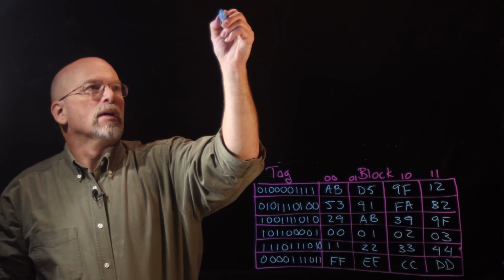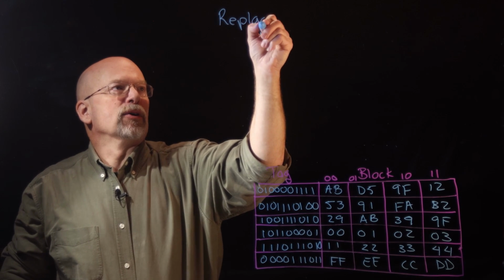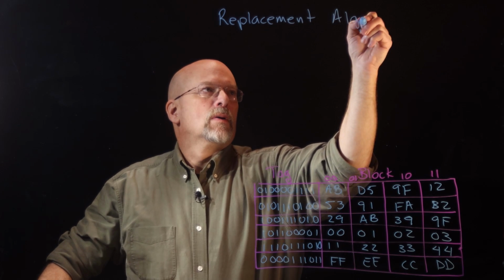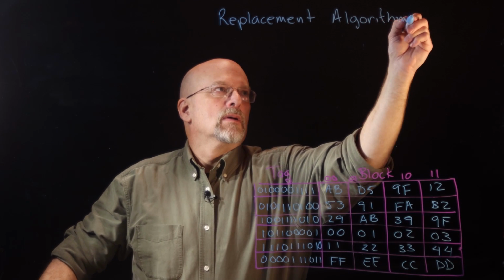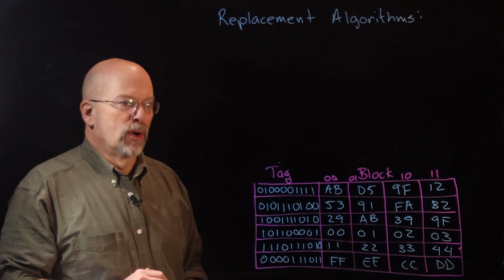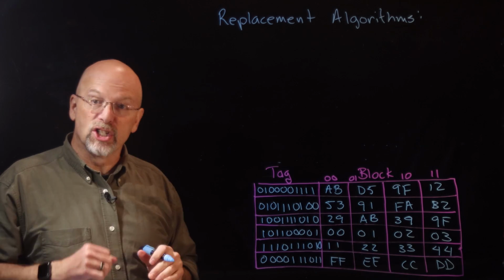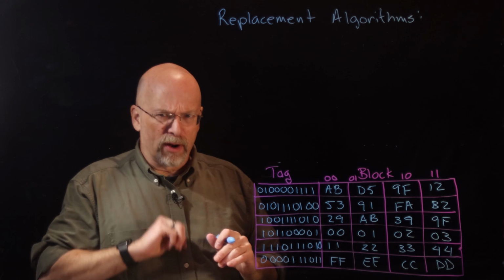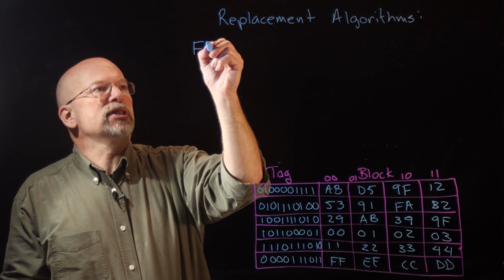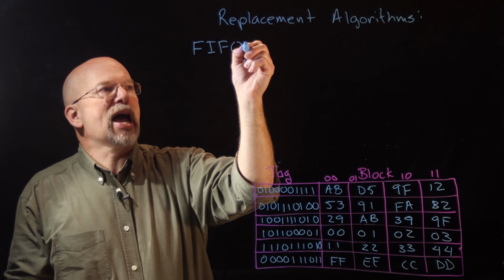All right, replacement algorithms. And once again, I think I'm going to be limited by the space I've got on my board here. But let's go ahead and try and at least enumerate the 4 of them that we're worried about. First of all, there is first in, first out.